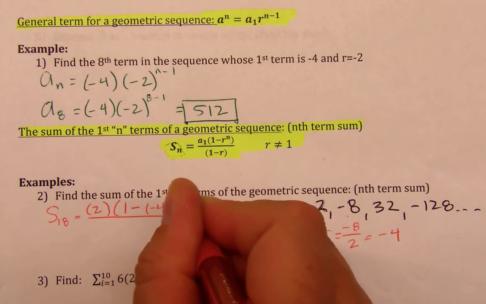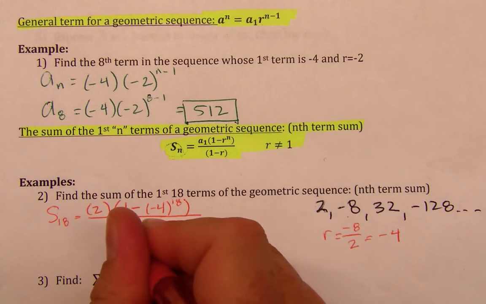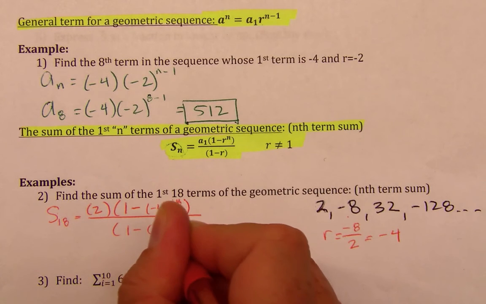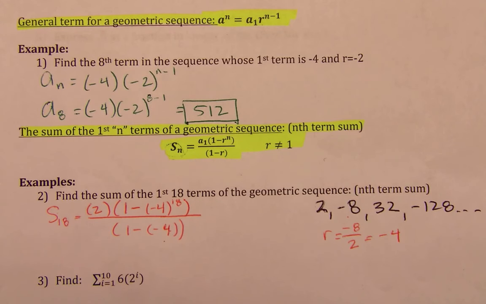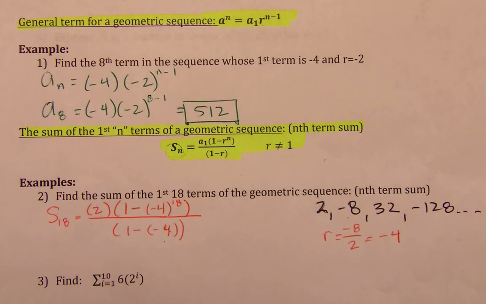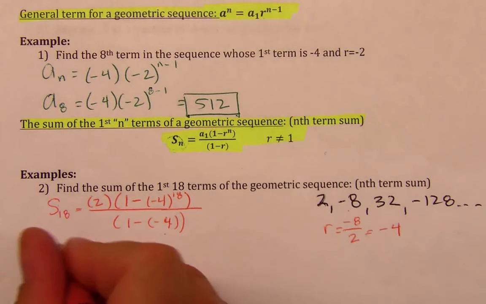to the 18th power. And then in the denominator, we have 1 minus -4. So simplifying that, and you're going to need your calculator for this one, -4 to the 18th power is obviously going to give us something really, really big.